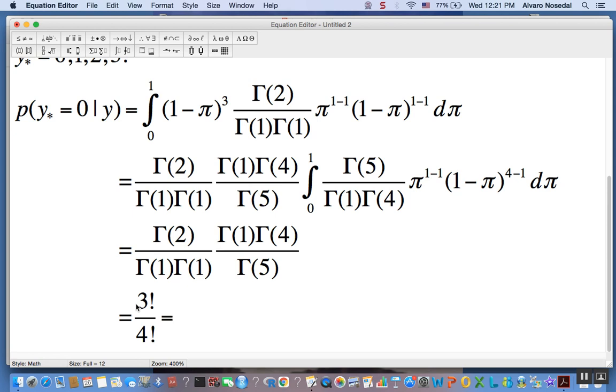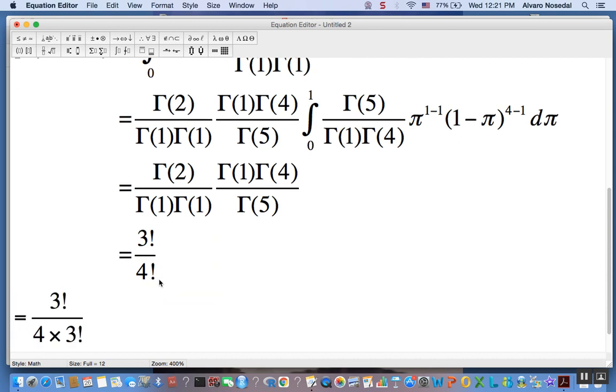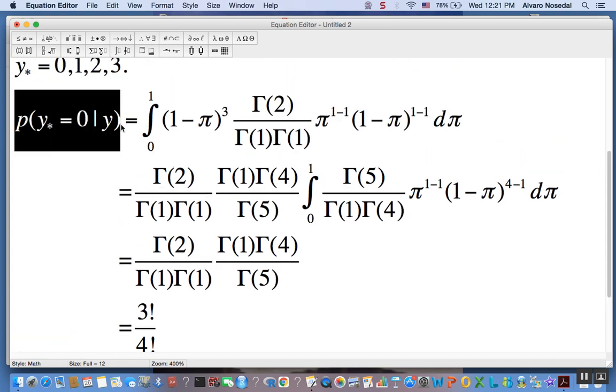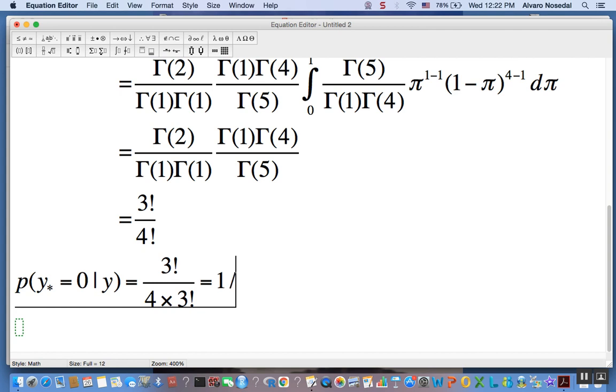We could recall that 4 factorial is the same as 4 times 3 factorial, so these guys cancel out and we end up with a beautiful 1/4. Okay, let me write that down here. Probability that y star equals 0 given y is just 1/4. Okay, makes sense? Let's do one more, and then you can do the others as an exercise.